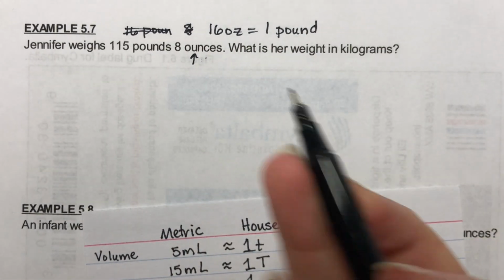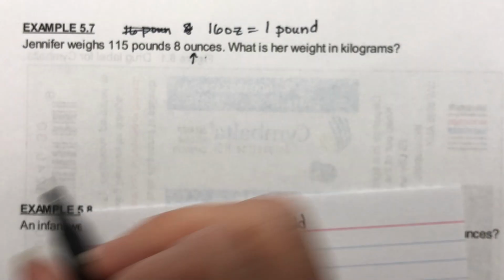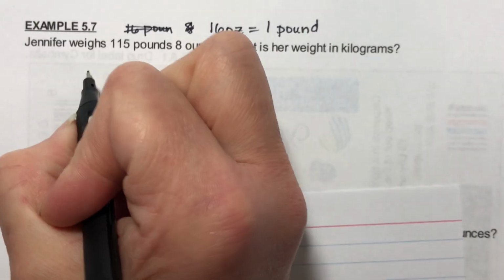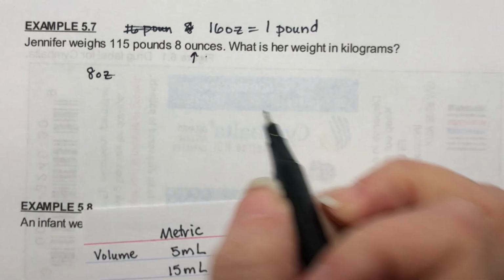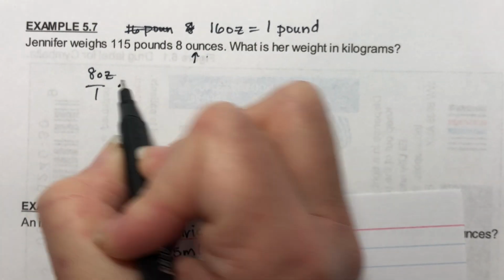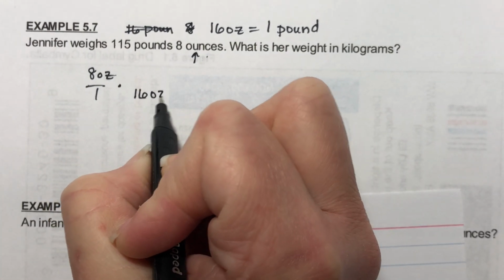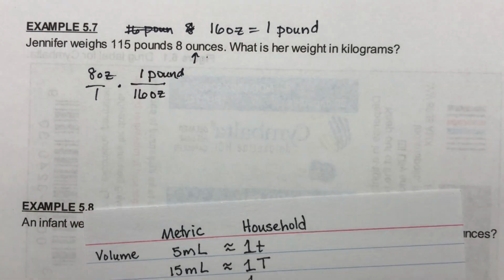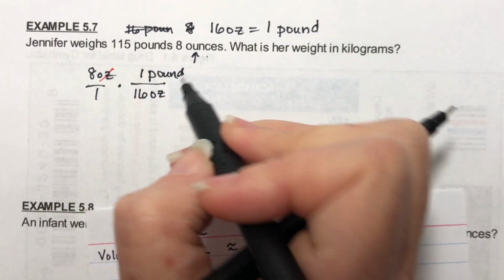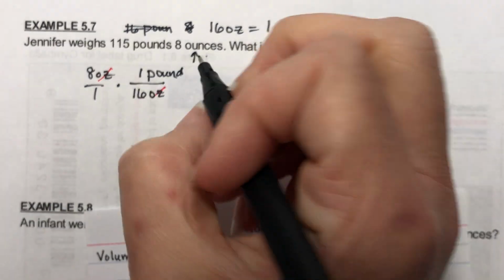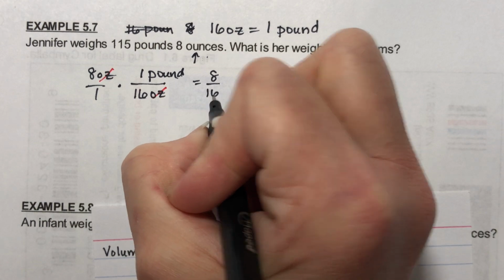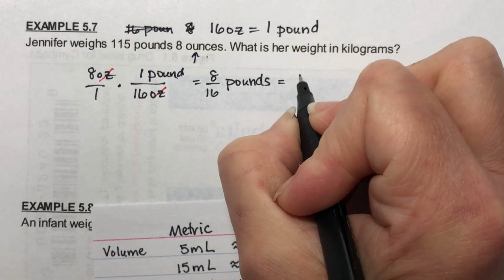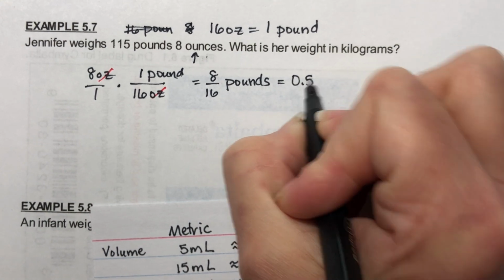If this is our relationship, which we should know from a previous chapter, 8 ounces over 1 times 1 pound over 16 ounces. The ounces cancel, so I get 8 over 16 pounds, which is 1/2, which is 0.5.